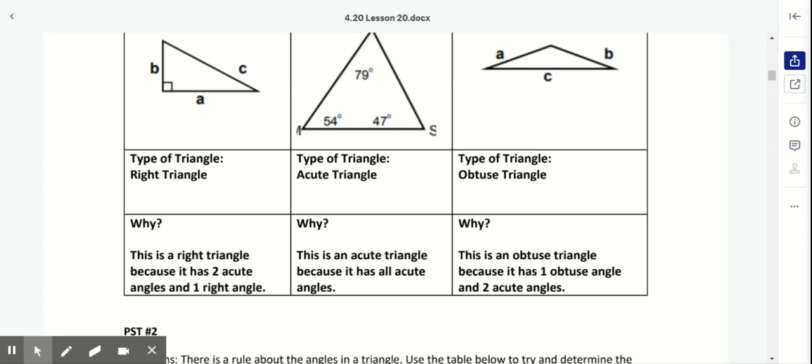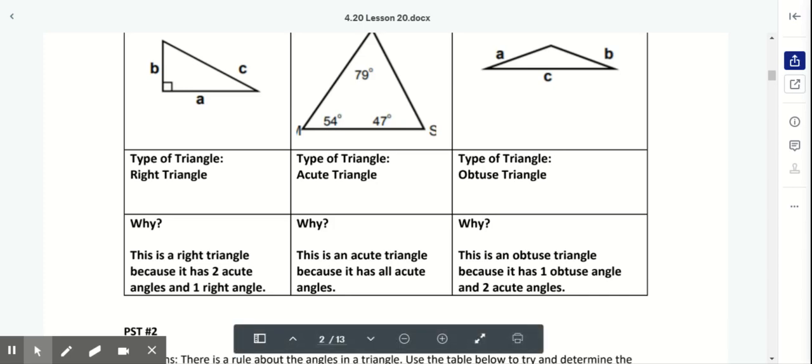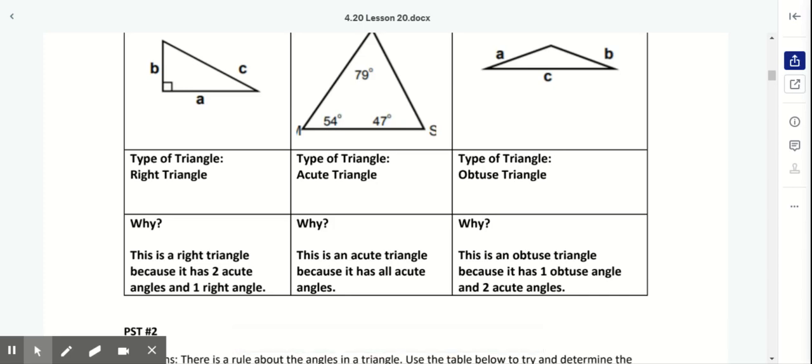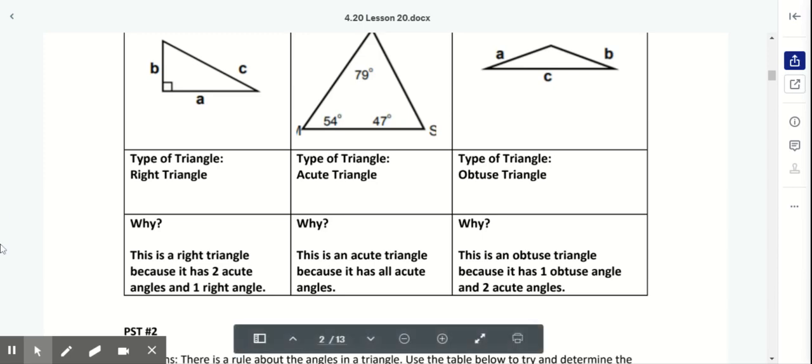Now if you look at your shape hierarchy, you could see that yes, they are because triangle is a subcategory of polygons. Now, are all polygons triangles? No, because there are many different subcategories underneath polygons.